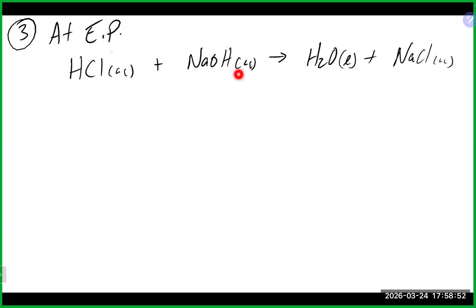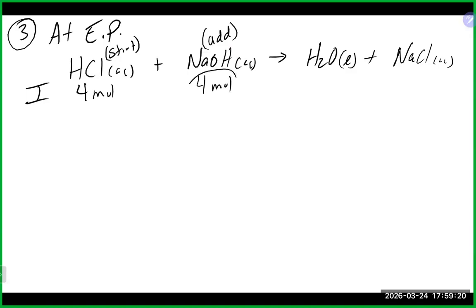And once again, this is what we started with. That is what we're adding. And I'm going to use my made up numbers here, just keep the numbers simple. I'm going to go with 4 moles of HCl. If I'm at the equivalence point, how many moles of sodium hydroxide should I have? At the equivalence point, the moles are equal, right? So we should have 4 moles.